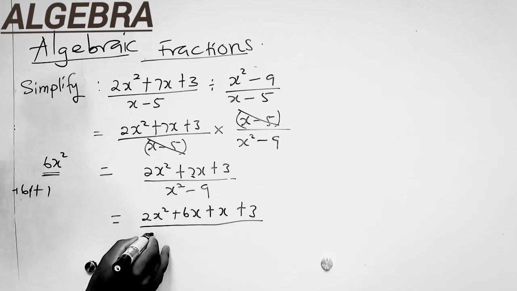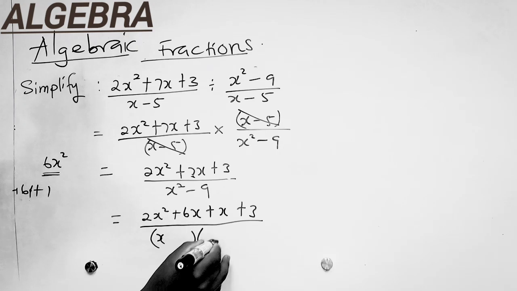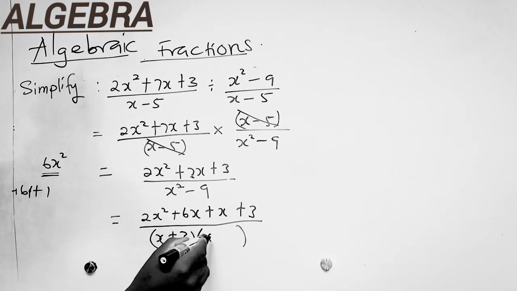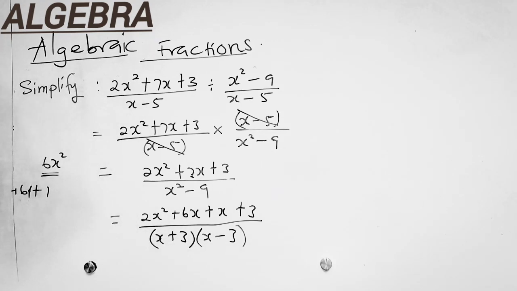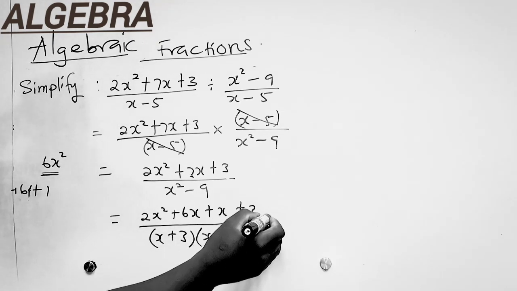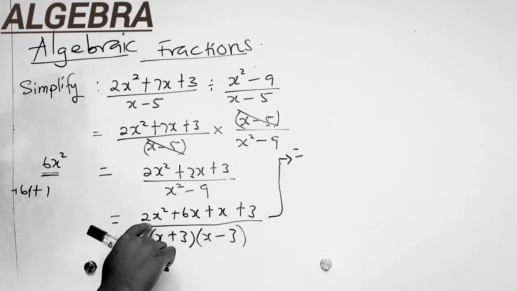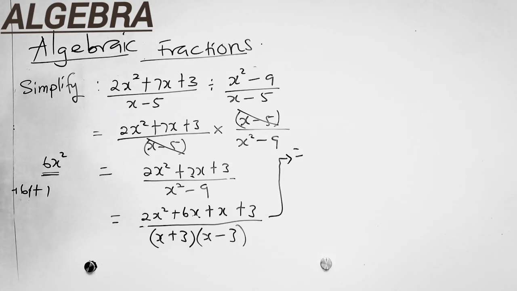Then here is a difference of two squares. The root of 9 is plus or minus 3. Then this one, the common factor between these two is 2x.